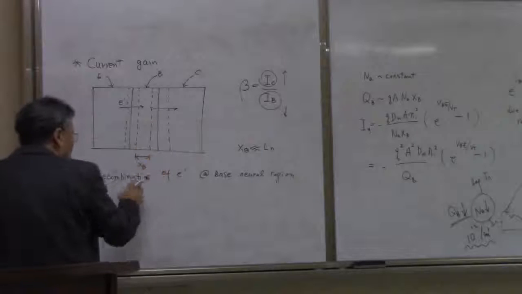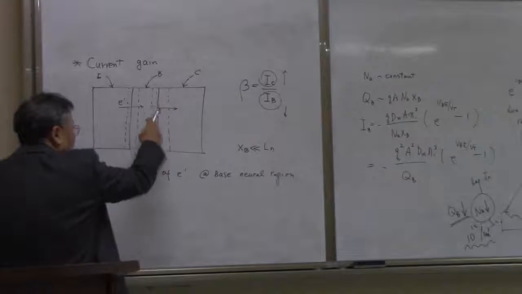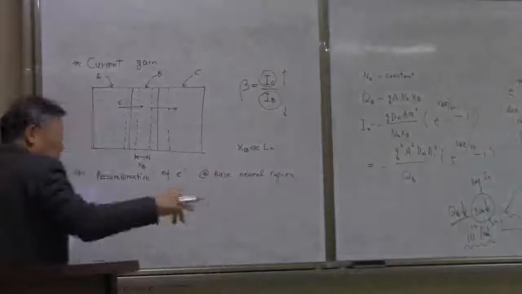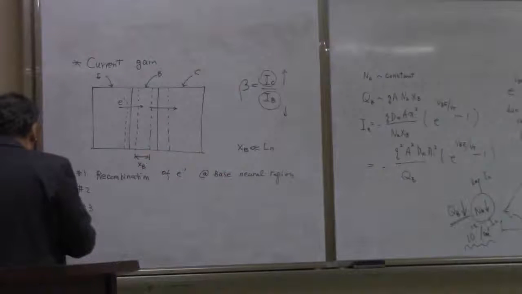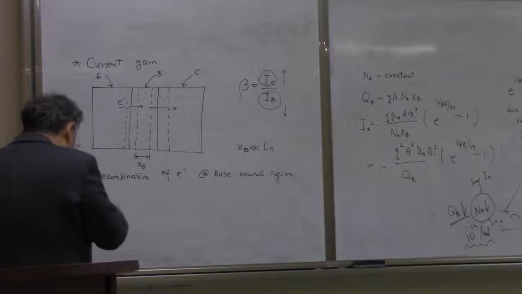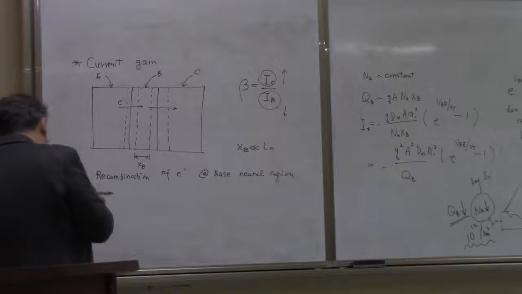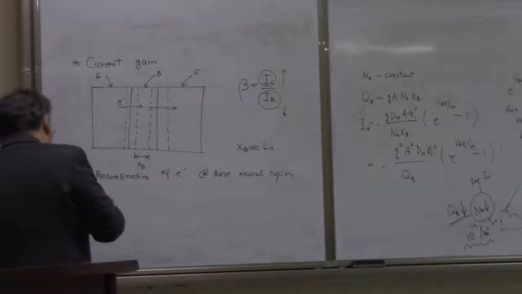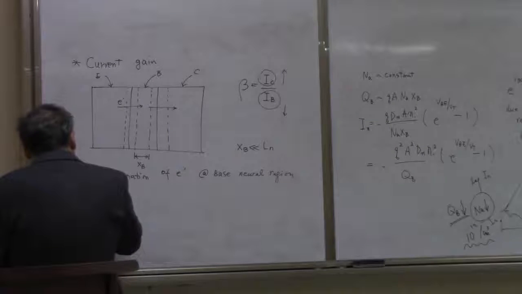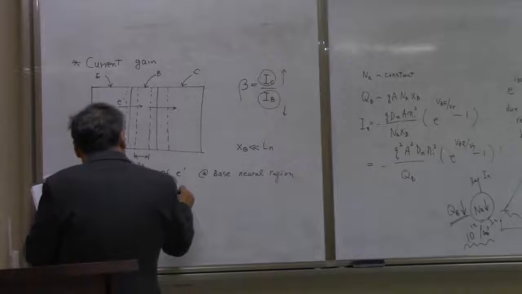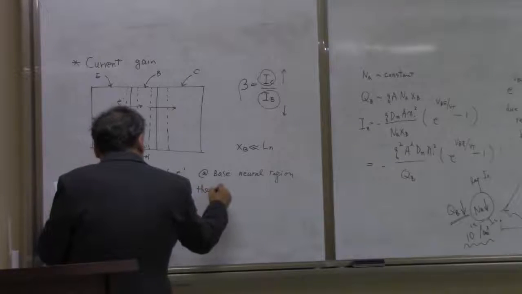But there should be some recombination of the electrons at the base, so that will make the beta small, right? That is the one factor, and the other factor is hole injection into the emitter.